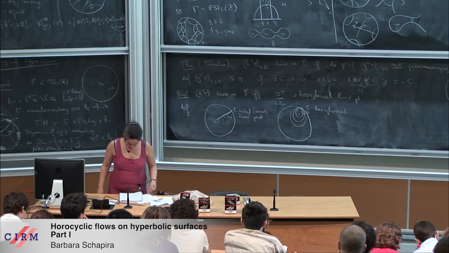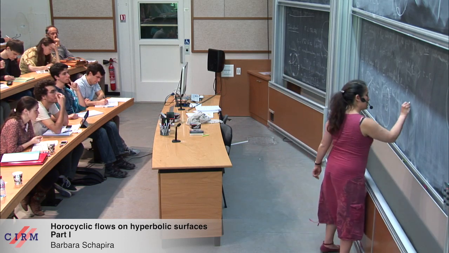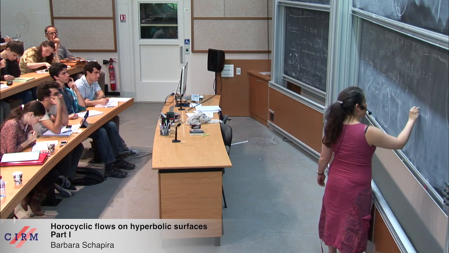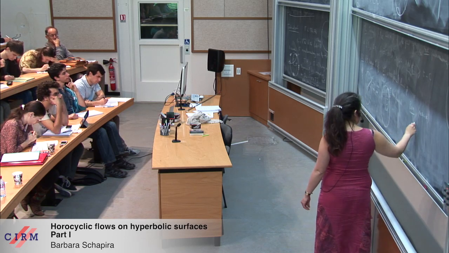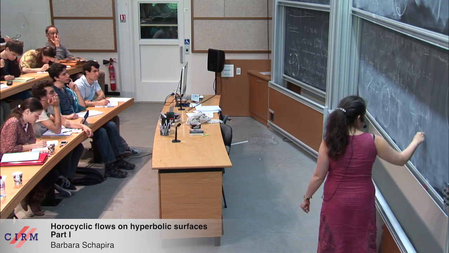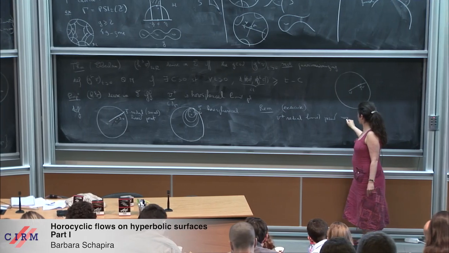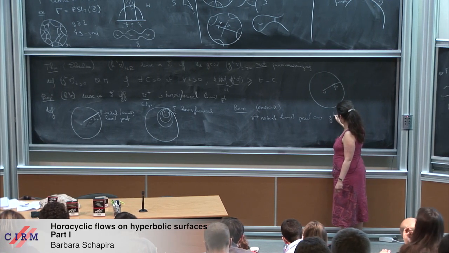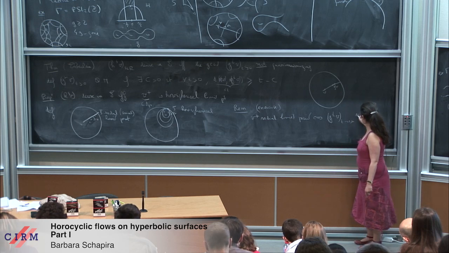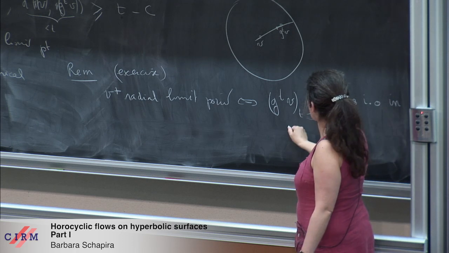And it's just a remark. It's an exercise to show that saying that V plus is a radial limit point is equivalent to say that the geodesic flow, the geodesic orbit of V, when t goes to infinity, returns infinitely often in a compact set.